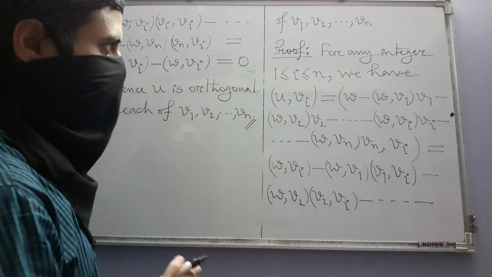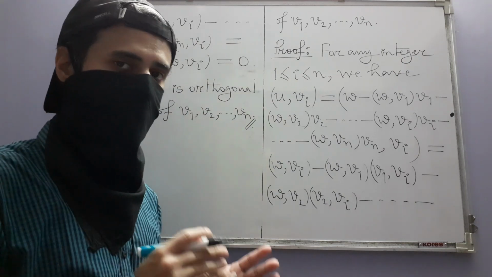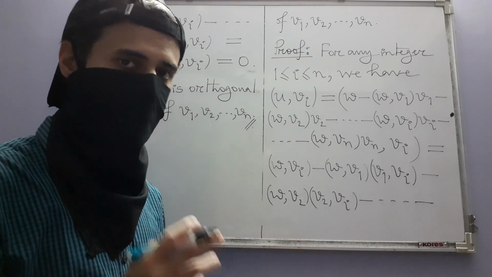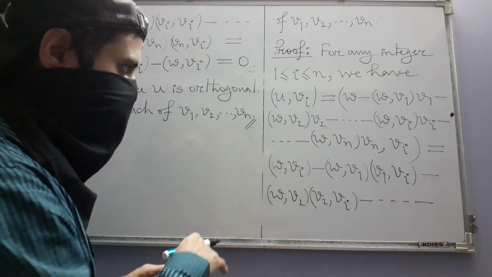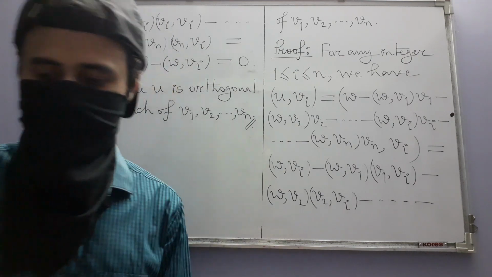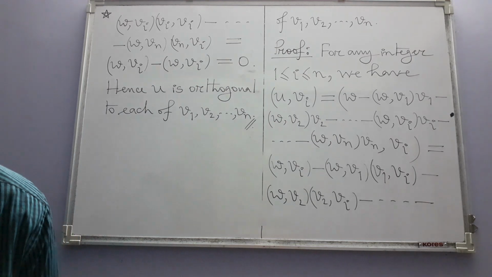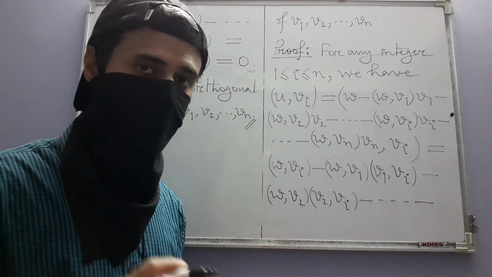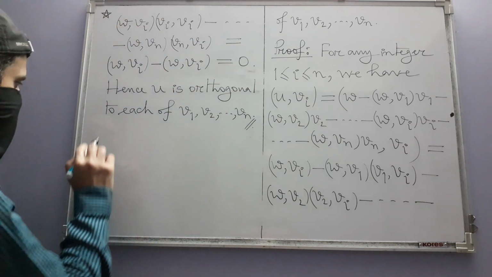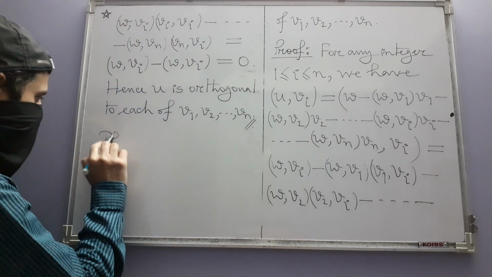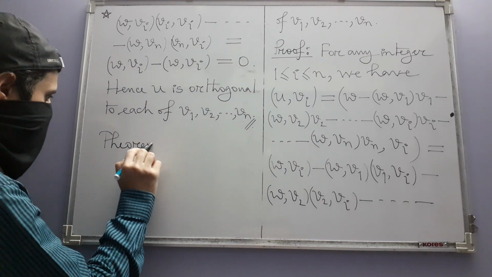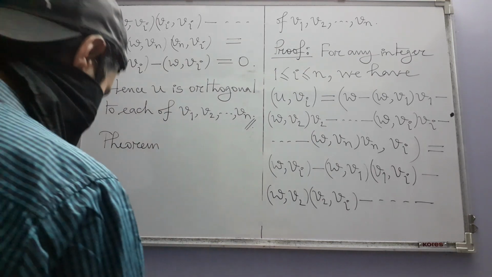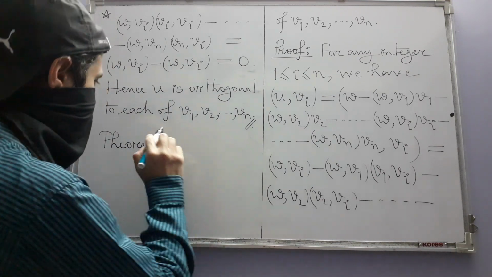Now, based on this kind of construction of u using the vi's and w, we are going to see this next result, which is very important and kind of central to the theory of finite dimensional inner product spaces. So because of its importance, it's a theorem and not just simply a lemma.